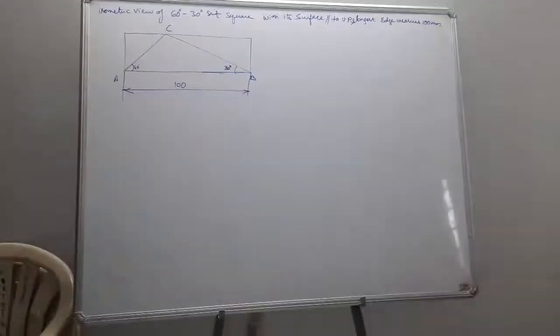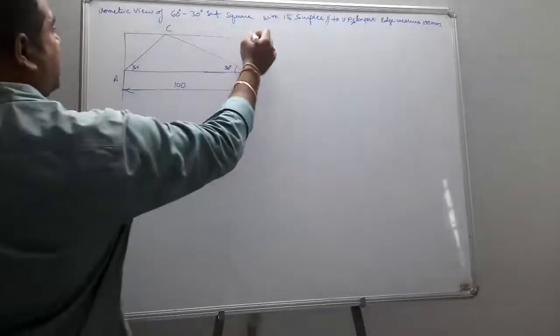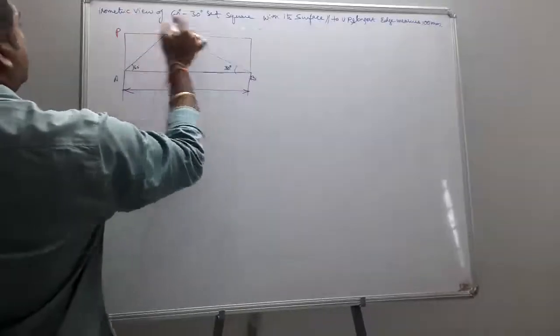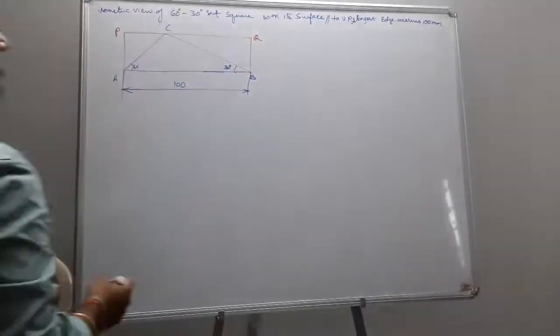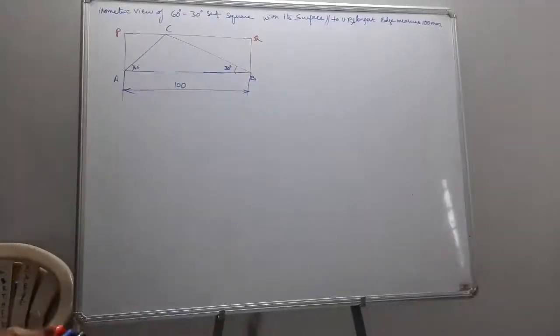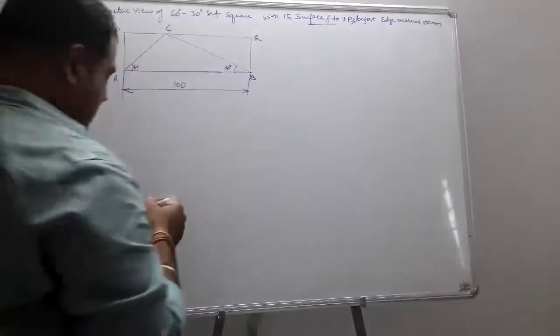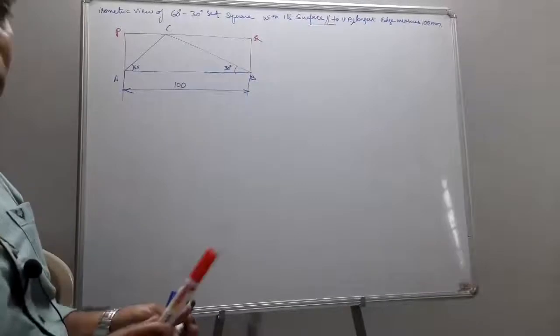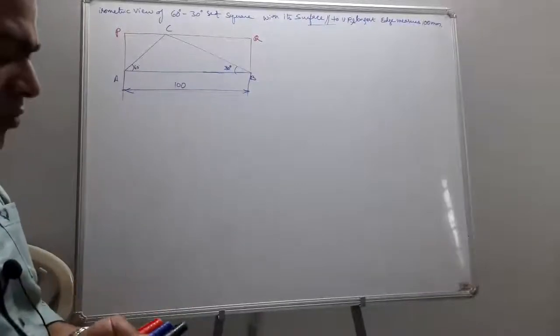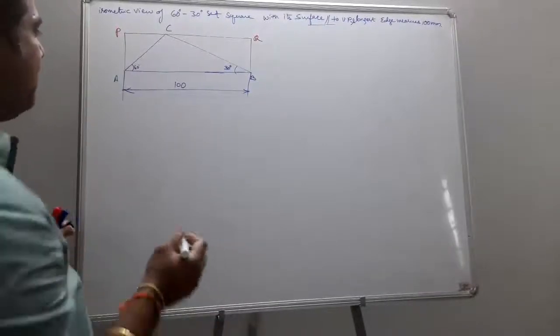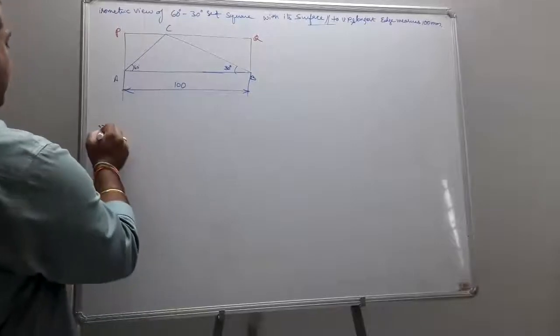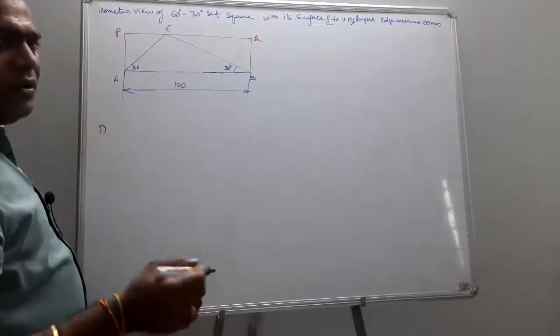Let us consider this box is ABPQ. ABPQ is your box. Now I know my surface is parallel to VP, which means it should be vertical only. So vertical means what are the isometric axes we have? Vertical, what was the first condition? I can take any of the axes.